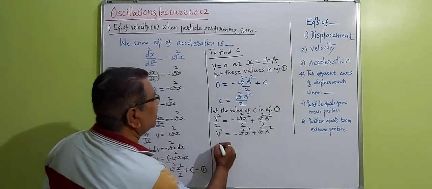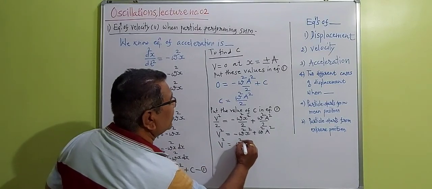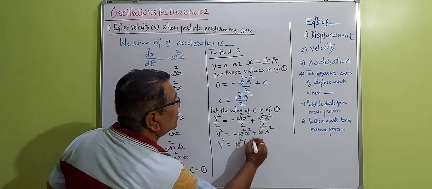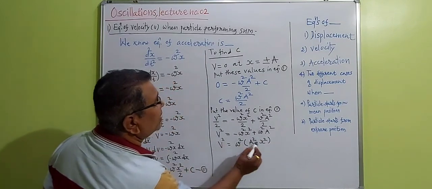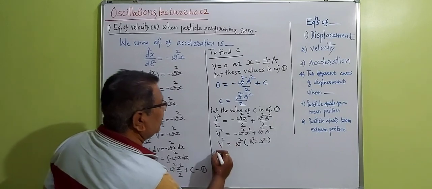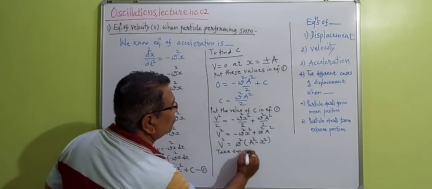Then here we can write like this: v square is equal to, take omega square constant, you will get omega square times A square minus x square. Then take square root on both sides.